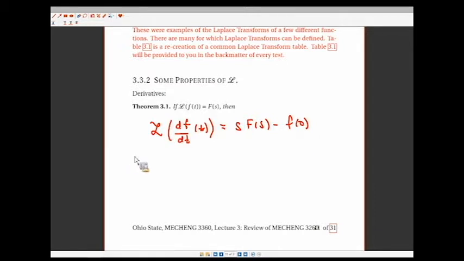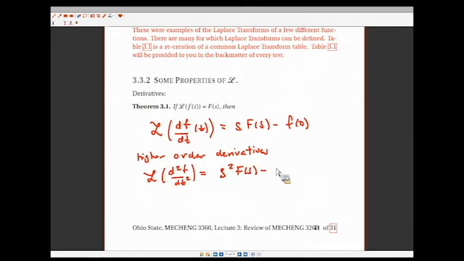Higher order derivatives. Say, for instance, the Laplace transform of d squared f over dt squared is equal to s squared f of s minus f of 0 minus f prime of 0.